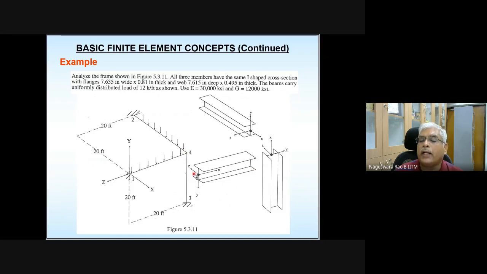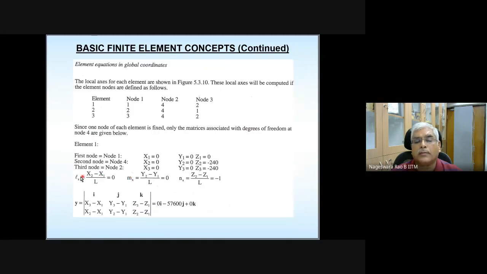So I can find the difference in the coordinates, x2 minus x1, y2 minus y1, z2 minus z1, and divide by the length of the member. I am going to get the unit vector along the small x-axis. Its components are Lx, Mx, Nx. This is what you are doing for plane truss and also space truss.